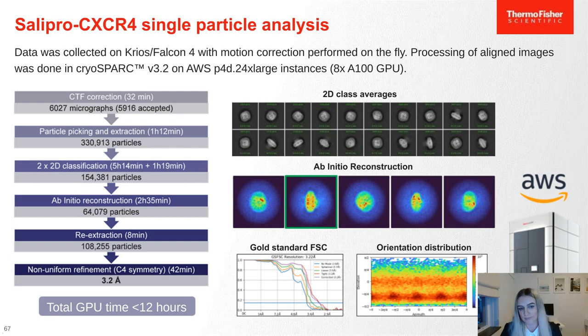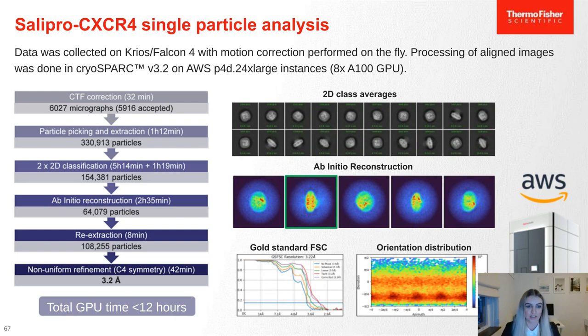You can see that there is definitely different views, some side views and some top views. And then the best class particles belonging to the best 2D class averages were taken for ab initio reconstruction into 5 classes. And you can see the best ab initio class boxed in green. And this class consisted of 64,000 particles. And I extracted them and refined them to produce a 3.2 angstrom map.